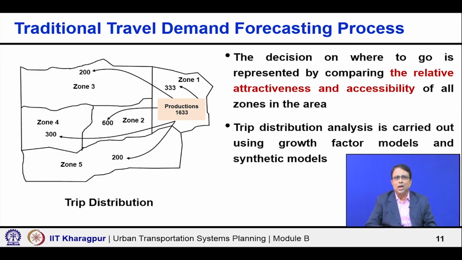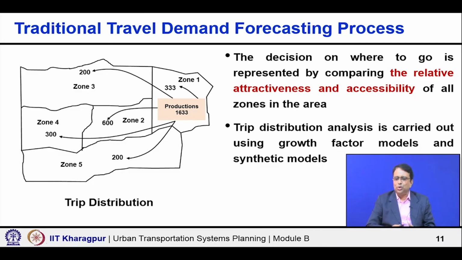Once we have done the distribution, we know that out of 1633, maybe 333 trips are going to terminate in zone 1 itself, because there may be some attraction points within that zone where they will terminate. Similarly, 600 trips probably will go to zone 2, 200 to zone 3, 300 to zone 4, and 200 trips are expected to go to zone 5. So, like that we know how they are getting distributed.